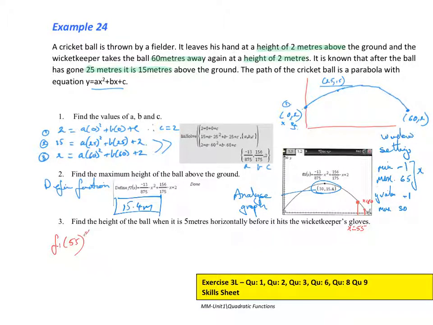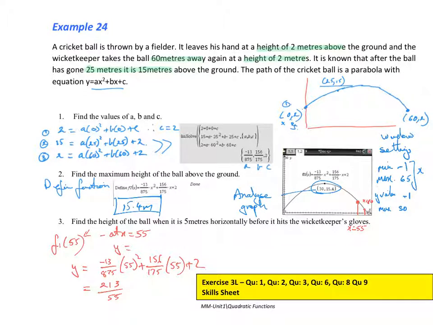We haven't covered function notation much, so really what we're saying is at x equal to 55, y equals... If I substitute x equal to 55 in, y equals -13 on 875 times 55 squared plus 156 on 175 times 55 plus 2, and that will give me 213 on 55.